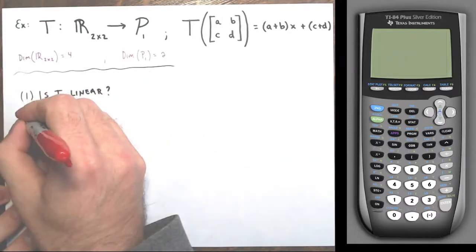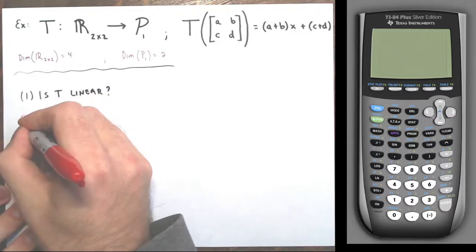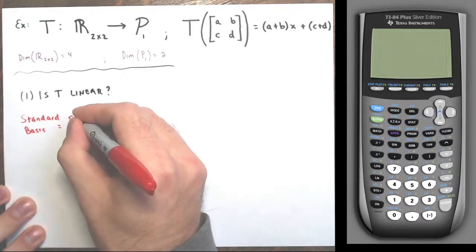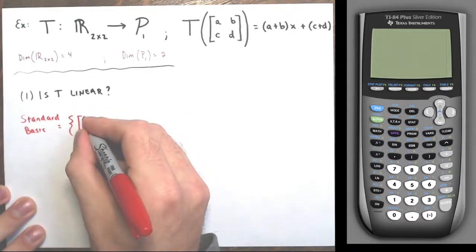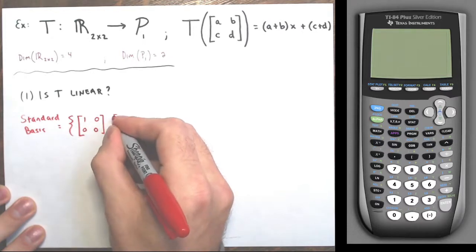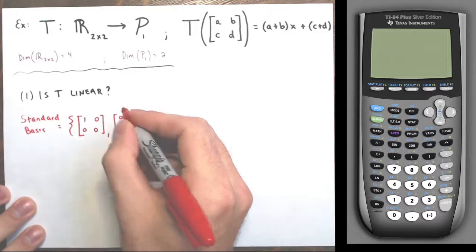Remember the standard basis for R2 by 2 was those 2 by 2 matrices with 1 in one position and 0 everywhere else, and there were 4 of them, thus the dimension 4.